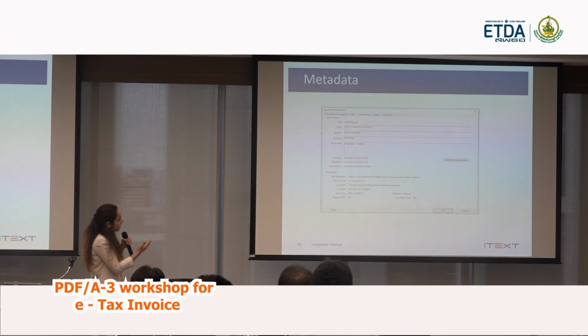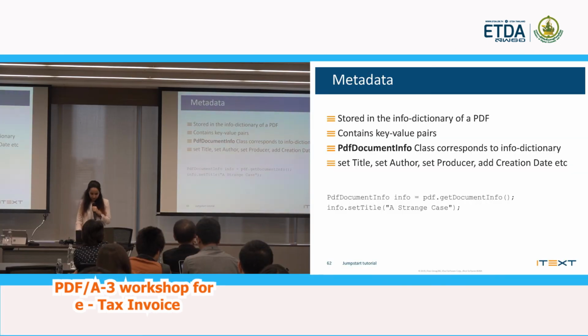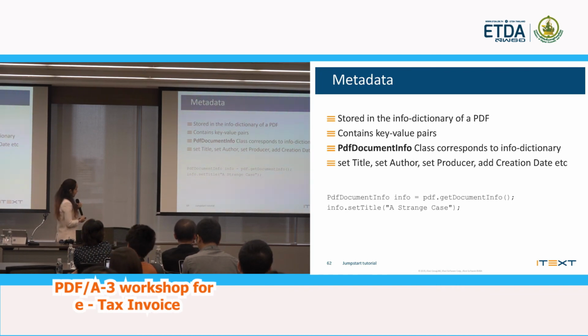It gives you the data about the properties or the data about your PDF, like the name, the title, the keywords, when it was created, when it was modified, then the producer line, the version, the location, etc. So this is basically a set of key value pairs in terms of PDF syntax, and you can add this to your document using the PDF document info class of iText. You can set title, author, producer, creation date using the code below.